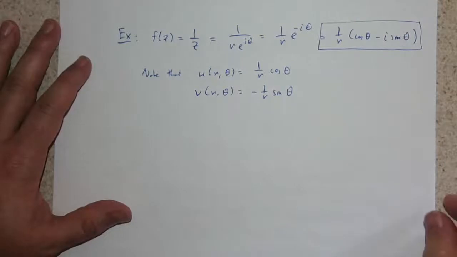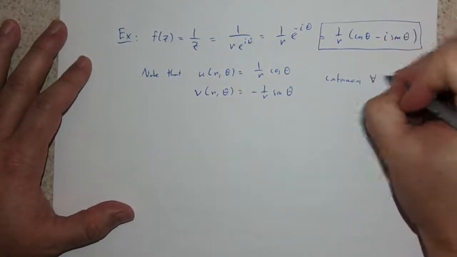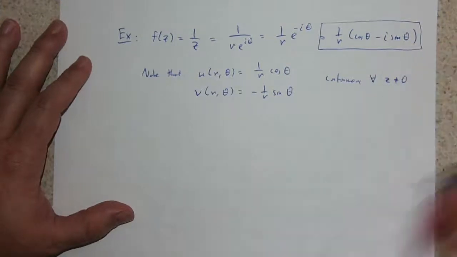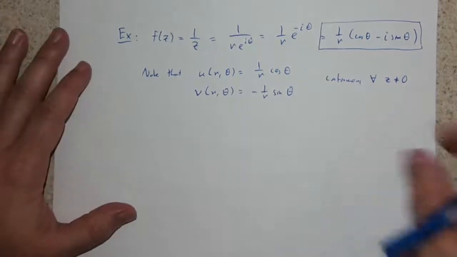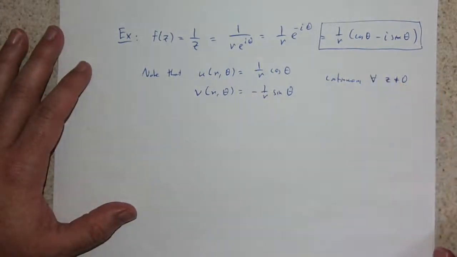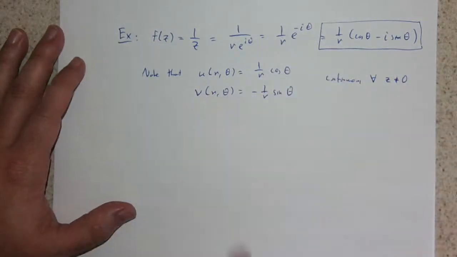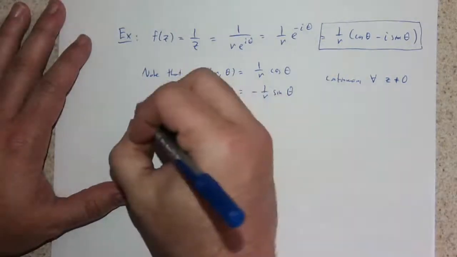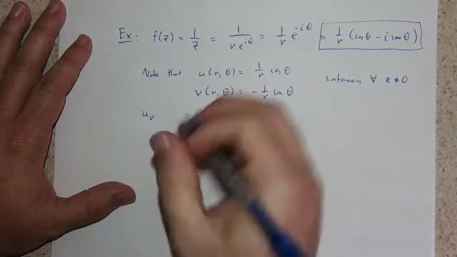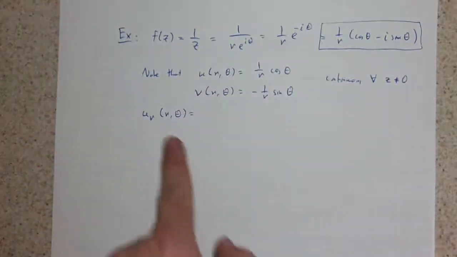So first of all, these are continuous, right? It's continuous for all z not equal to 0. We're not going to talk about z equal to 0 here. So this is continuous for all z not equal to 0. And so these are continuous everywhere. The partials are actually going to be continuous everywhere, but to see that, let's compute these things. So what is u sub r of r theta? All right, what's u sub r here? I'll actually suppress this notation.